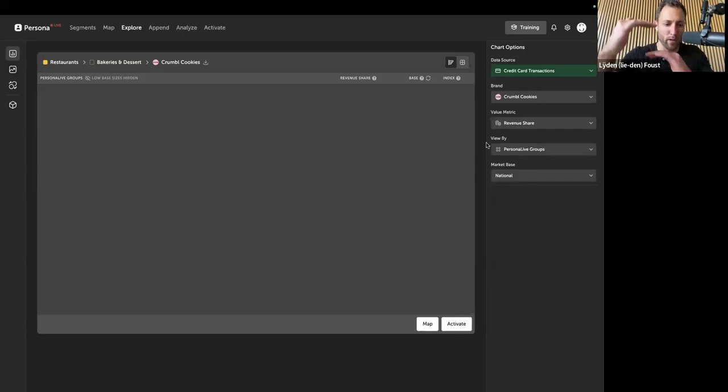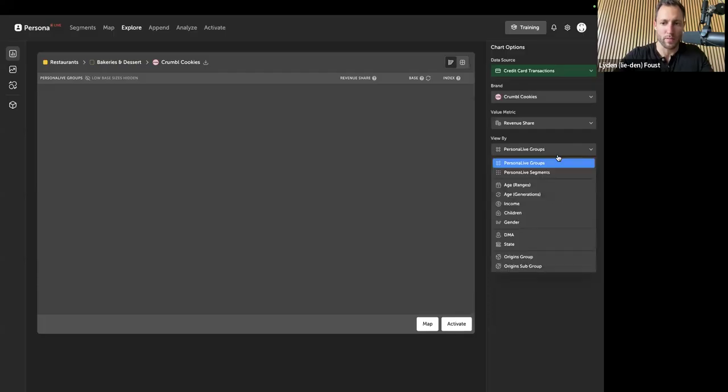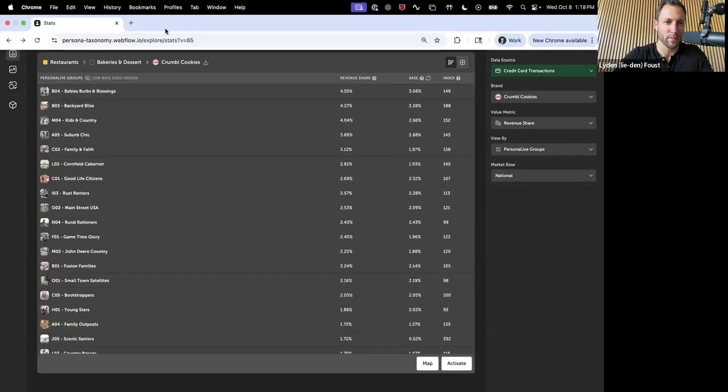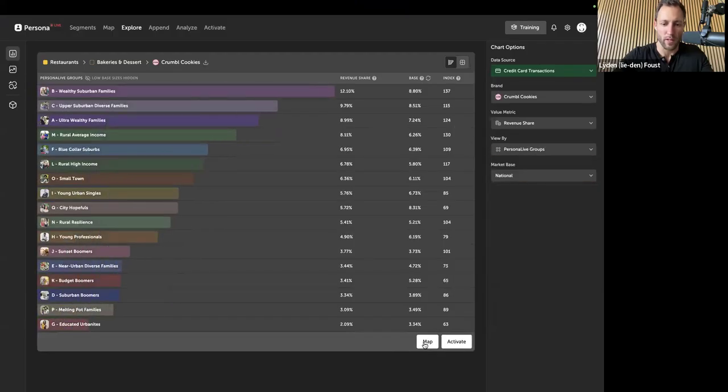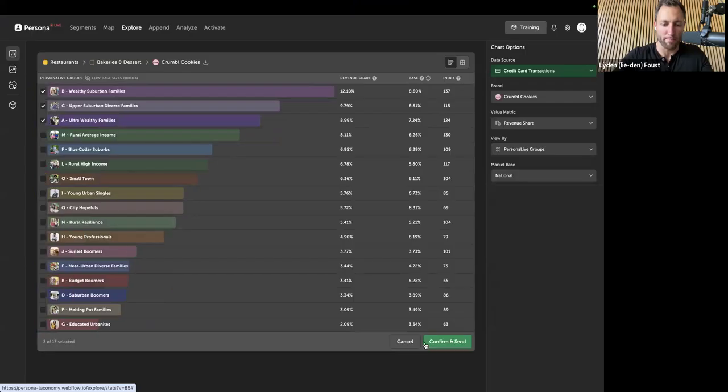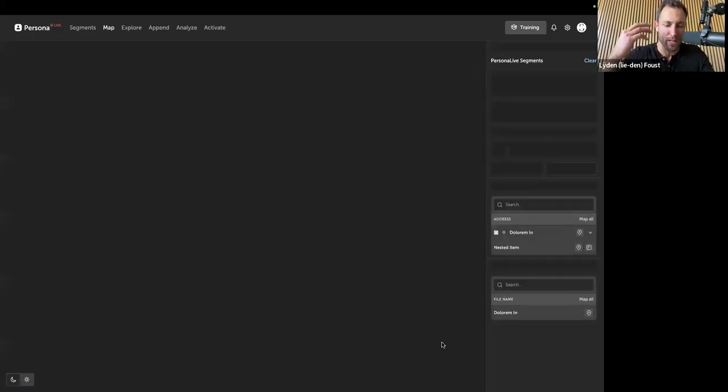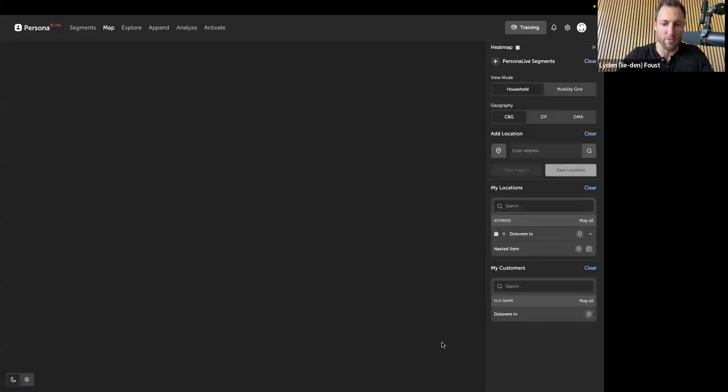And then the next step, so we got our measure. We've ranked our top segments here. Now we need to map those segments. There we go. So I just go down here to the bottom and I can hit map. And then when I hit map, you are going to see a very familiar visual when this pops up.